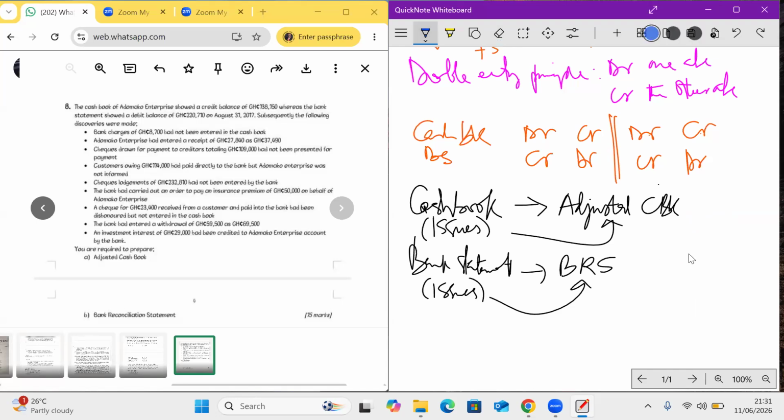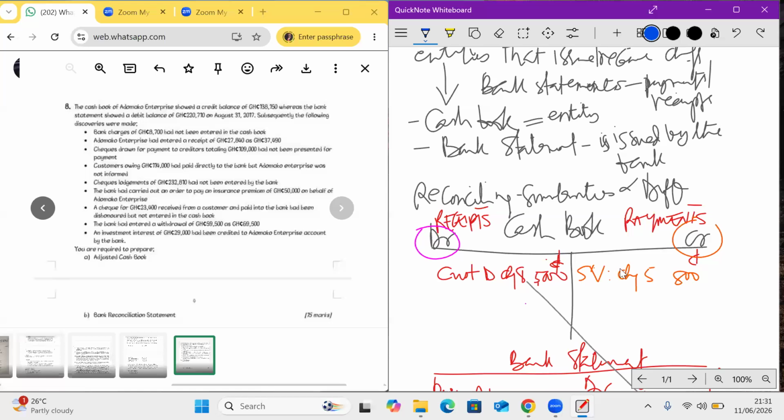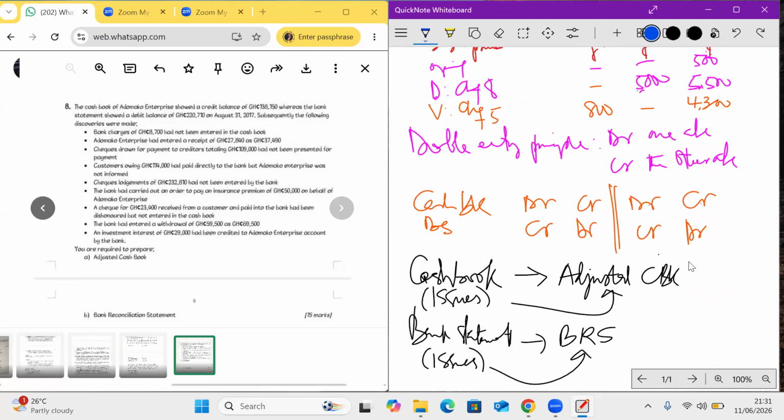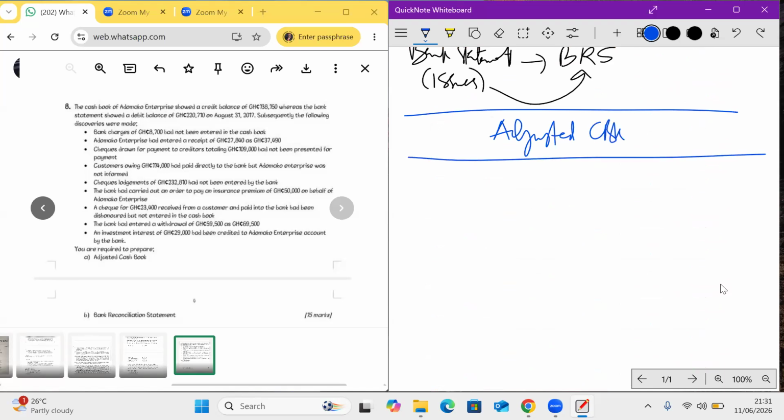Now, how do we make entries in the adjusted cash book? The adjusted cash book will begin with a format, the adjusted cash book. Remember, the adjusted cash book is like taking the place of the cash book.